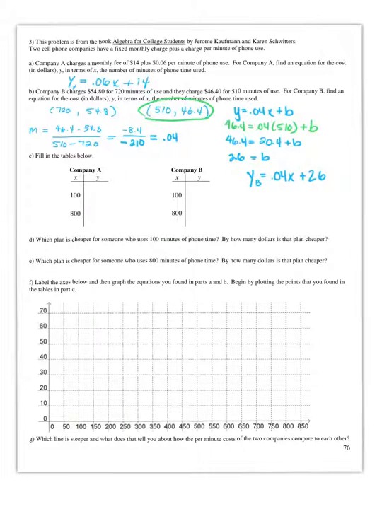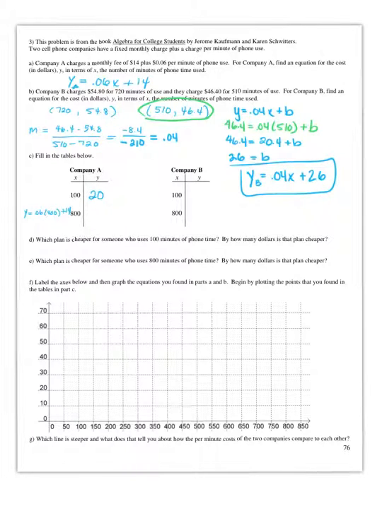Now we can find points for each of these two companies based on their equations. So for company A, when you've been talking on the phone for 100 minutes, you can plug 100 into your equation for A and find that you'll be charged $20.